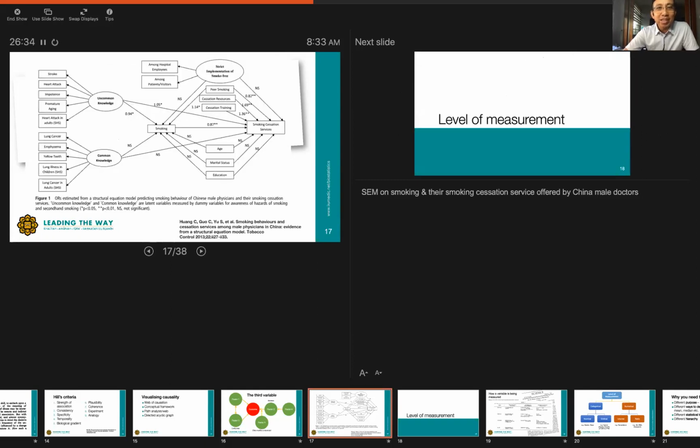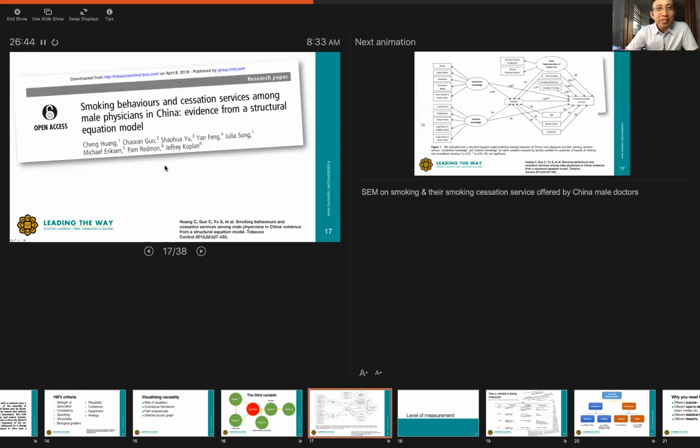So this is the bubble chart created from the study. You can see how complicated it looks, right? Now follow my lead properly. If you look at the title, the most important variables are smoking behavior and cessation services. So those are the two most important variables.